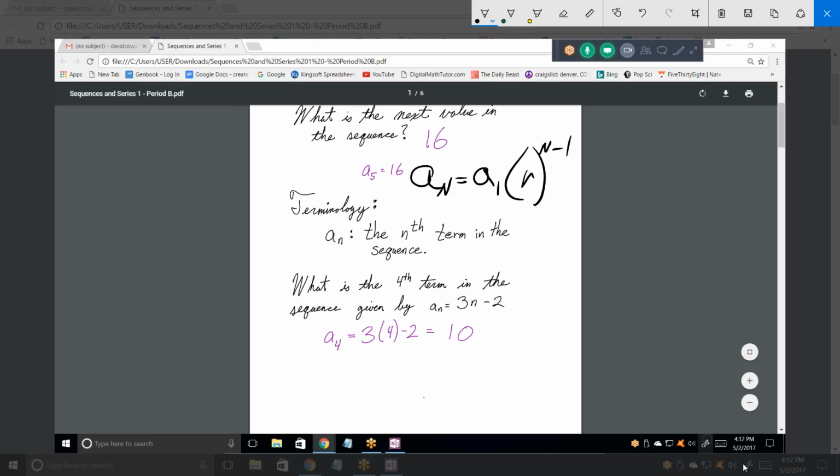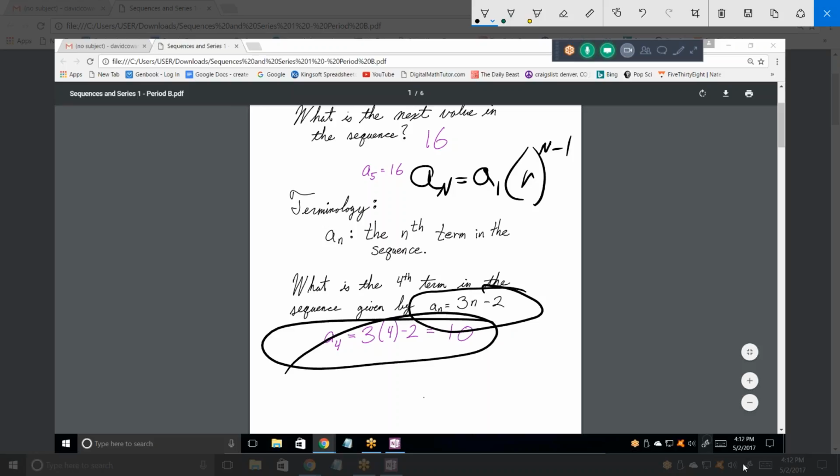It's always where you begin. What's the fourth term? Easy. In other words, when they say what's the fourth term, that means n is 4. So that means a sub 4 is 3 times 4 minus 2.